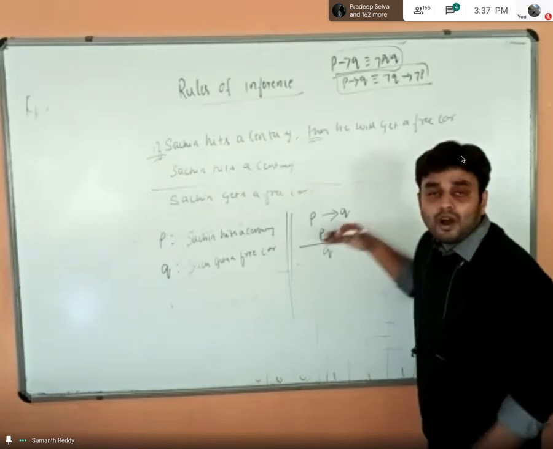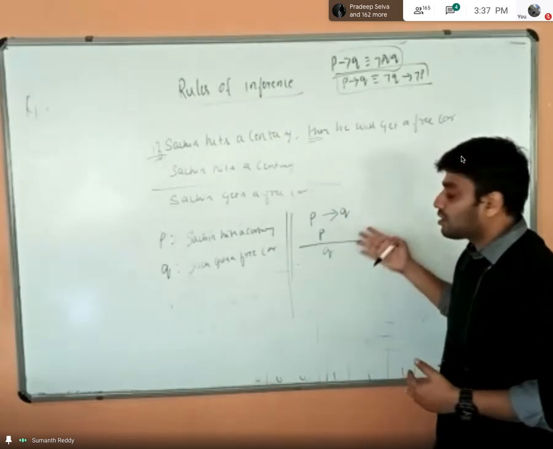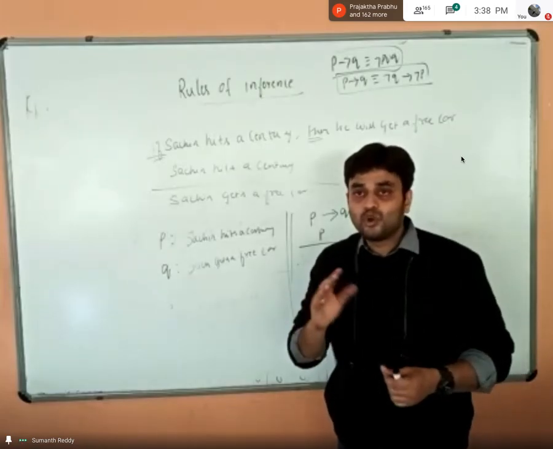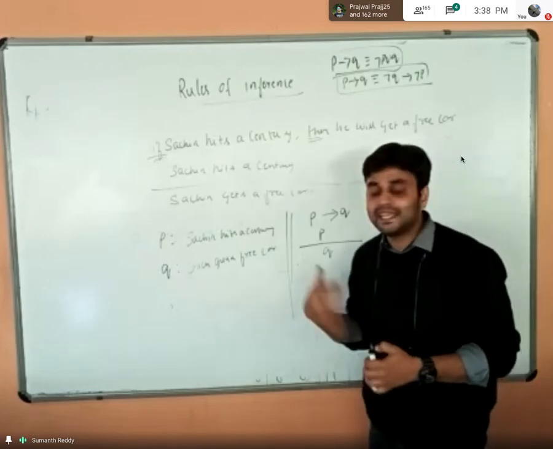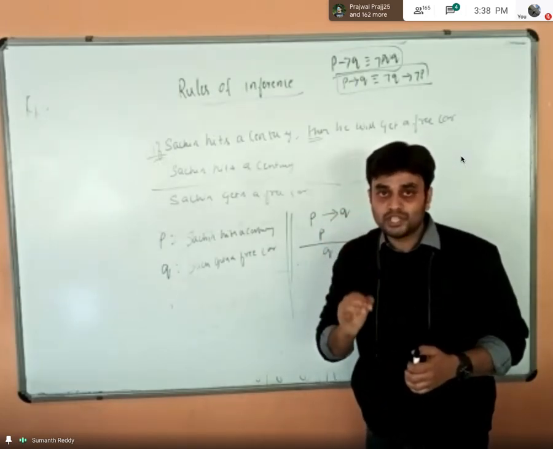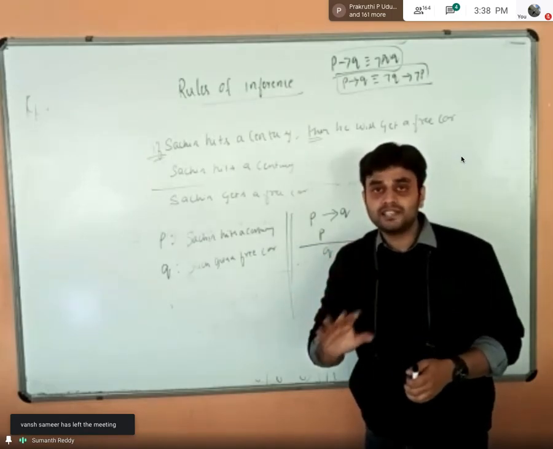After converting this into mathematical representation, you need to check whether it is valid or not. As I have already told you, don't use your common sense. Just check whether it falls into any of the 5 rules of inference. If so, it is valid; otherwise, it is not valid.